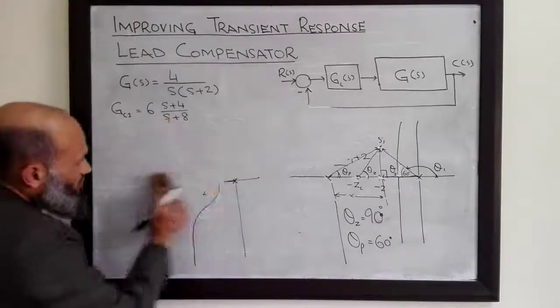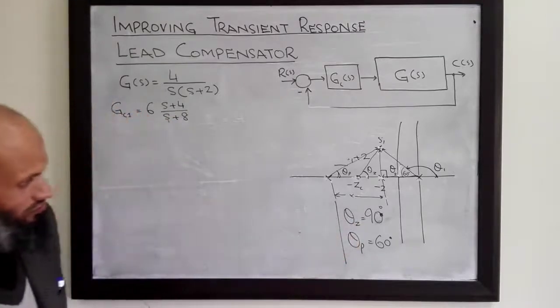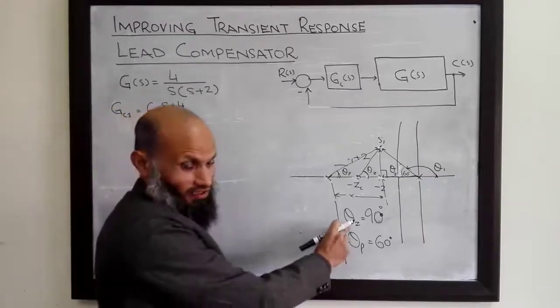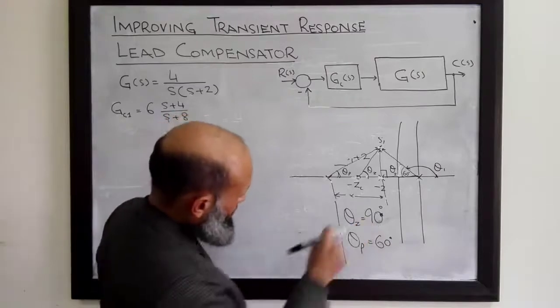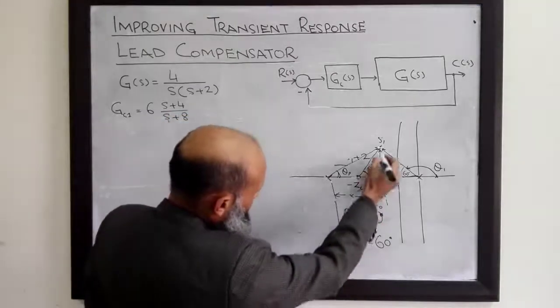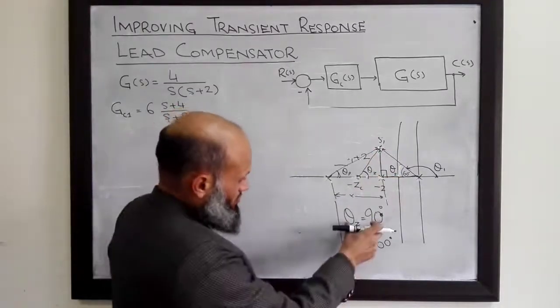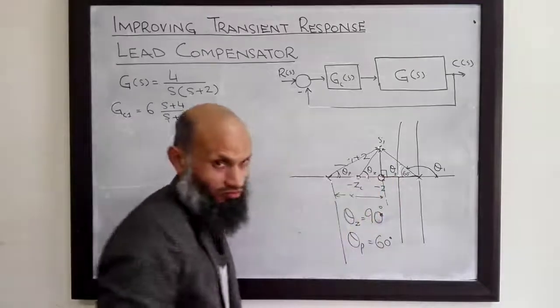Let's find the transfer function of the compensator corresponding to these things. For the angle contributed by the zero, if it is 90 degrees, the location can be easily determined. To have the zero contribute 90 degrees, the zero must be placed over here.